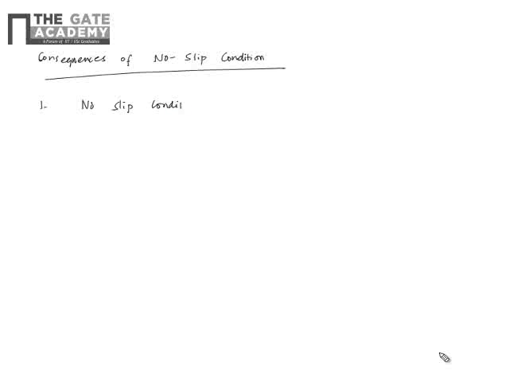So let's see what the consequences of this no slip condition are. Consequence of the no slip condition. This is important. The first major consequence is that the no slip condition is basically responsible for the formation of the boundary layer, for development of the velocity profile, or basically the development of the velocity gradient.